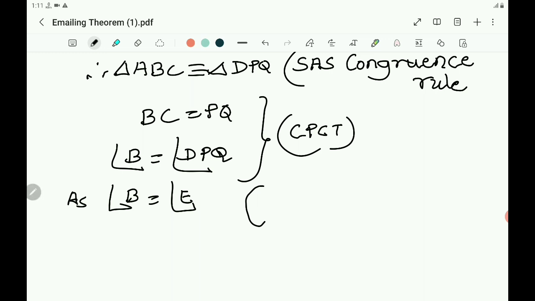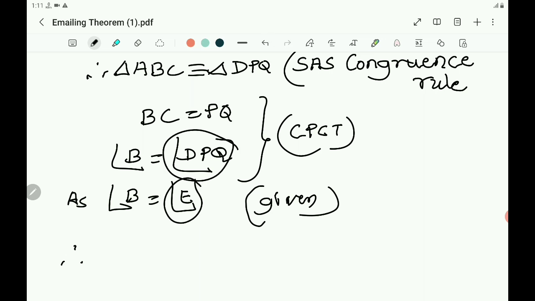That is given. So you write given. Therefore here the same thing, angle B, is equal to two different things, angle DPQ and angle E. Therefore these two angles must become equal. Therefore you can write angle DPQ equals angle E.